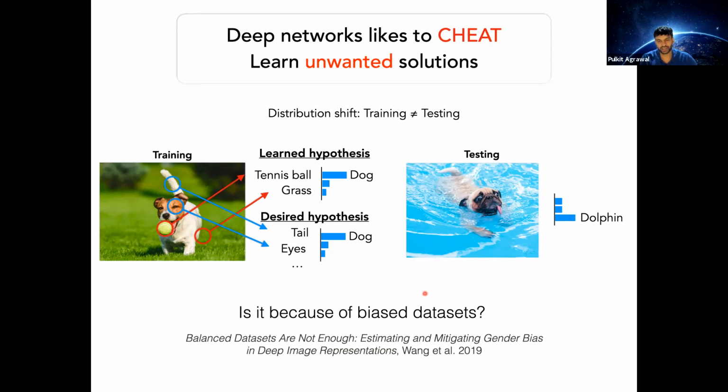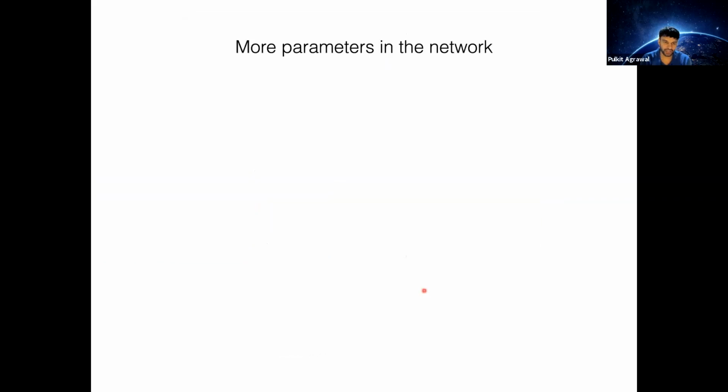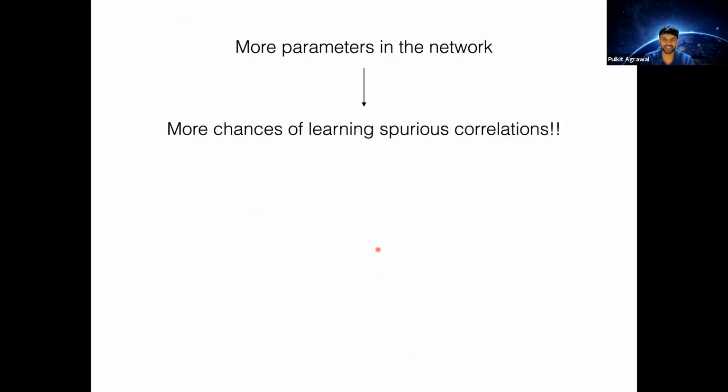For now, what I want to focus on is one hypothesis, one very particular way of how we can overcome this problem. Right? So one intuition you could have is that if I have more parameters in the network, maybe there are more chances of learning spurious correlations. Or maybe if I'm trying to learn a very hard task directly from scratch, I am more likely to find a spurious correlation.